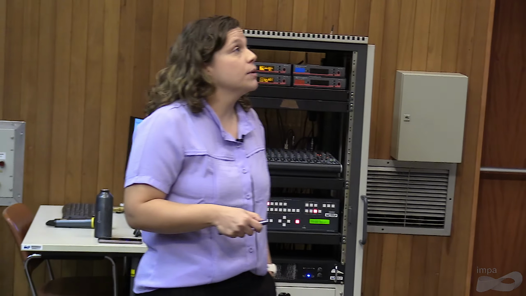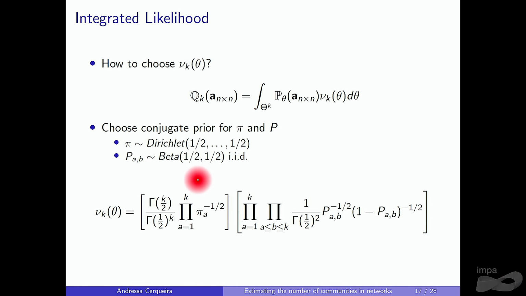So what we do here is just try to give a prior distribution for p and pi that is conjugate with the distributions that we have. In other words, I just want to choose distributions that help me make all the calculations that I need, right? But you just cut this part from the video, otherwise the Bayesians will be very mad with me. So what distribution do I choose? Pi, as Jesus told us today, is a multinomial distribution.